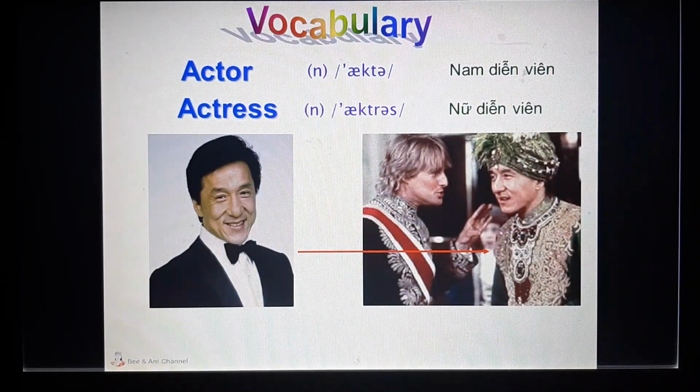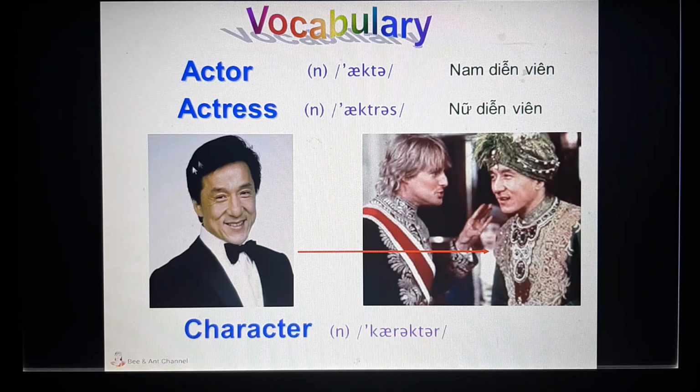In film, he is a character in film. Character. Actor, actress. Character.